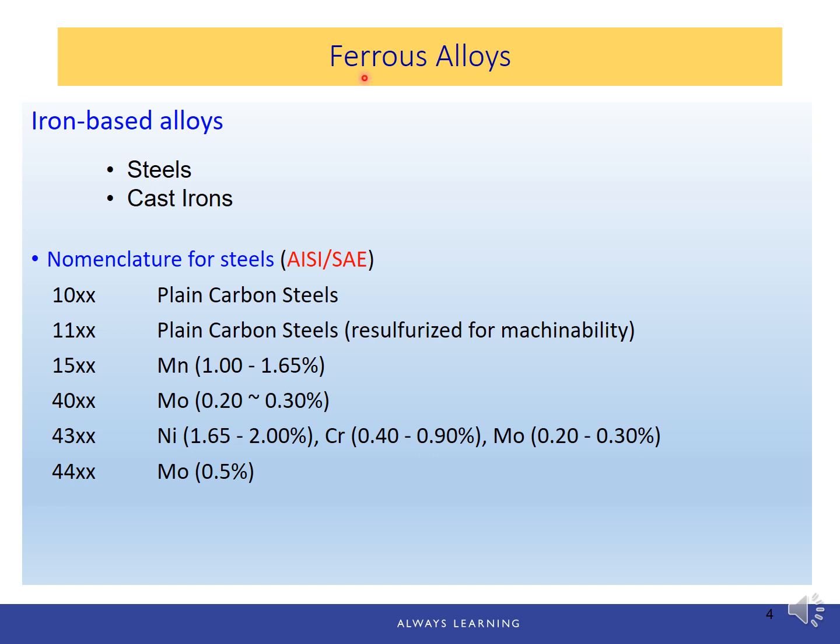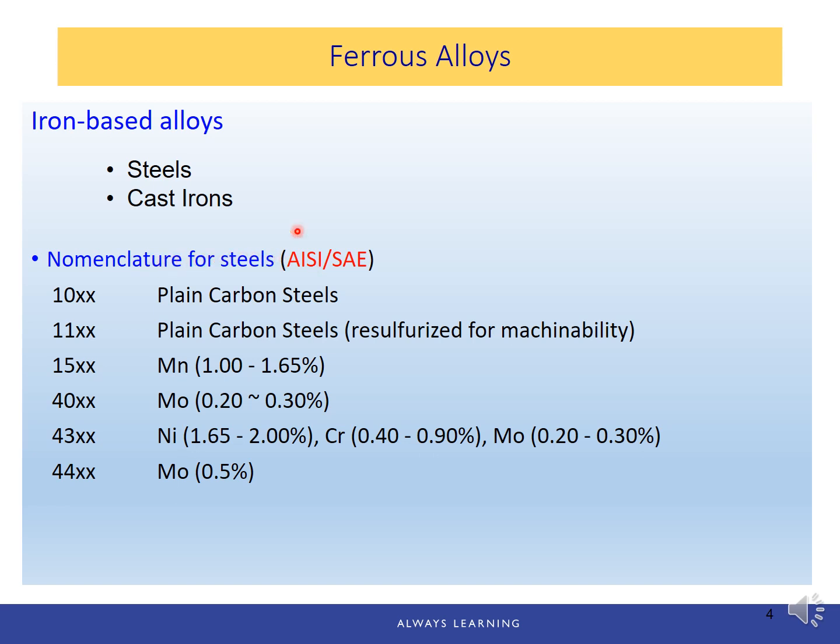Now we understand that ferrous alloys are iron-based alloys, which can be further classified into steels and cast irons based on their carbon content. It is also important for us to understand the nomenclature for steels based on different standards.